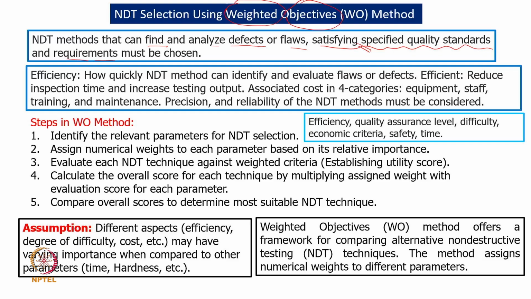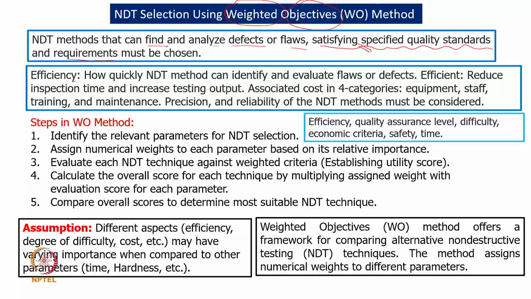Now, sometimes people use a word like efficiency: I want an efficient method, or the efficiency of the method should be very high. Then there is a need to mention what that means. Sometimes people say efficiency means how quickly the NDT method can identify and evaluate a flaw or defect, how quickly we are able to diagnose a flaw happening inside the surface or on the surface.